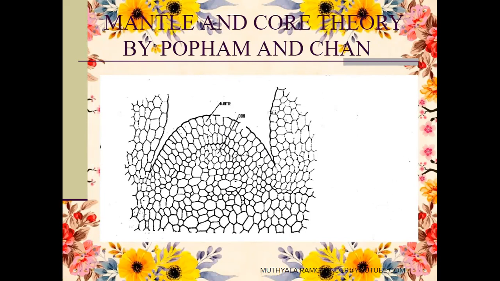Mantle is present at the terminal part of the shoot apex, and below the mantle, core meristematic tissues are present. Mantle meristematic tissues participate in longitudinal and periclinal divisions, and develop into epidermis of shoot. Core tissues participate in periclinal or mitotic divisions and develop into periblem and plerome. Periblem develops into cortex of shoot, and plerome develops into stele of shoot.